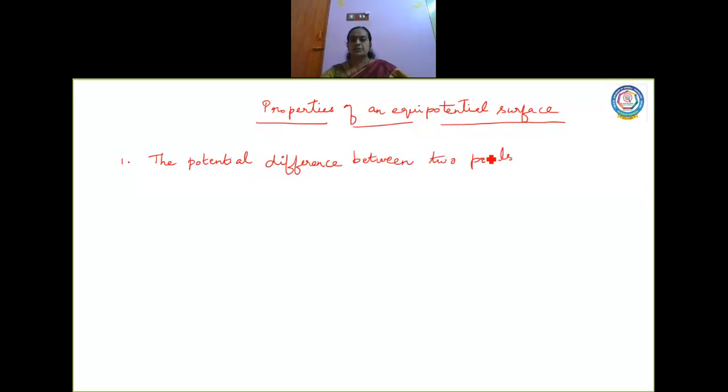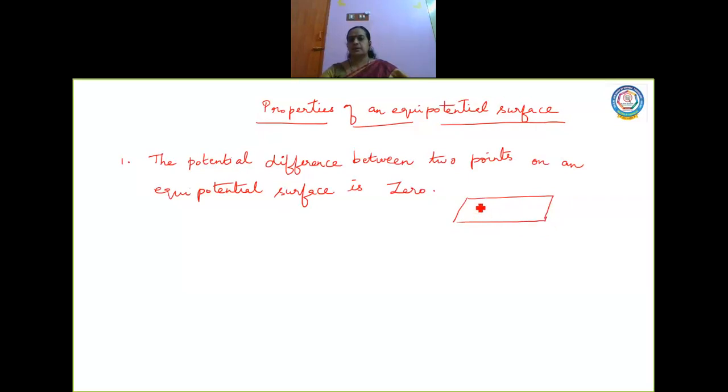So the potential difference between 2 points on an equipotential surface is 0. Now let us consider a surface like this.